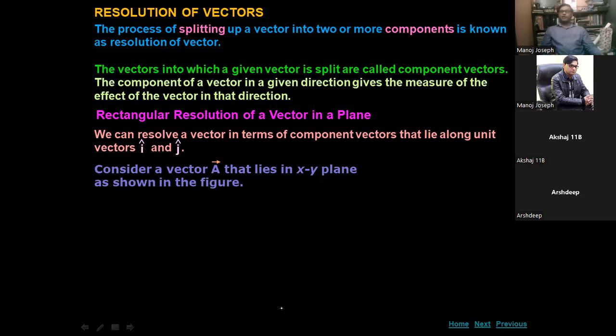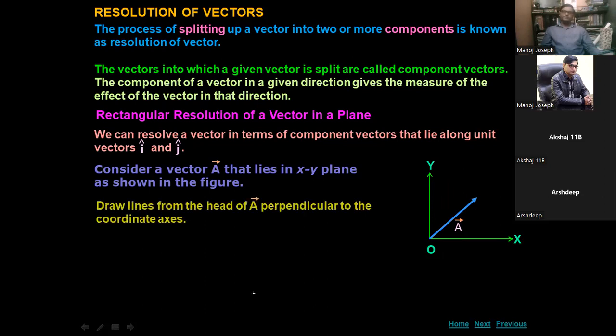So consider a vector A which is in the xy plane. This vector is moving with respect to both axes, along the x-axis and along the y-axis as well. So when we calculate it, we will split it into its two components, the first one along the x-axis, the next one along the y-axis.